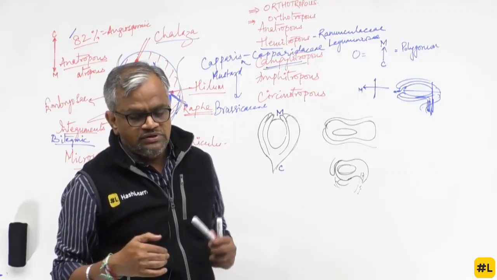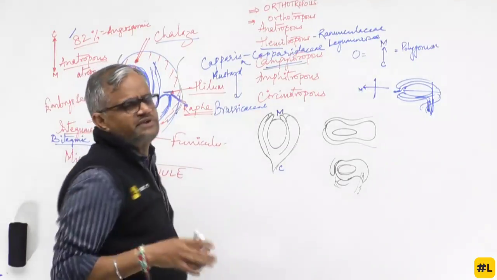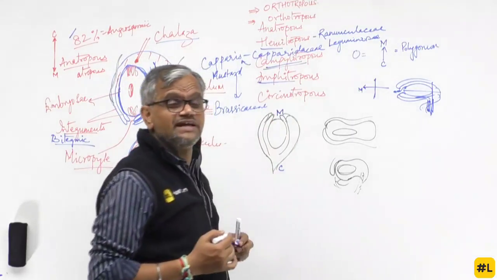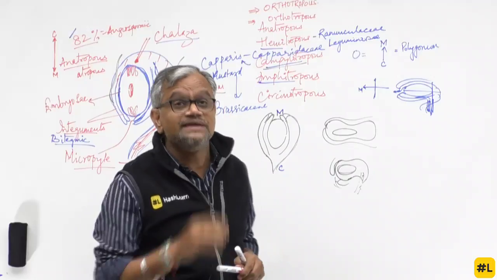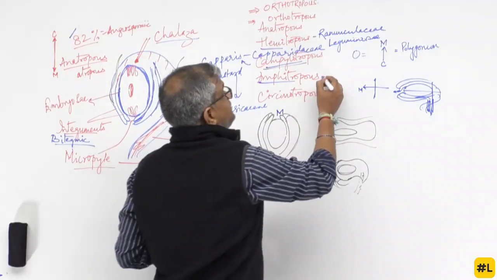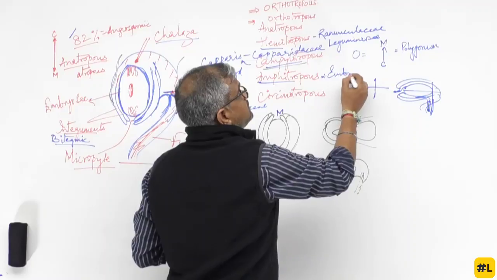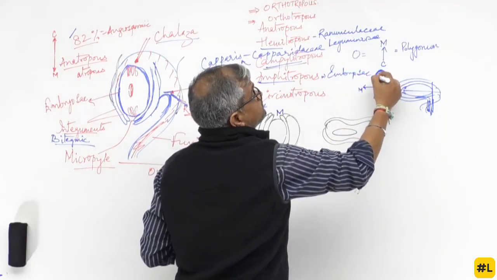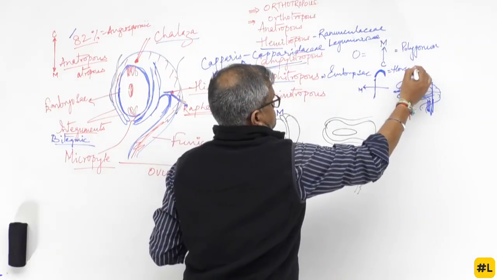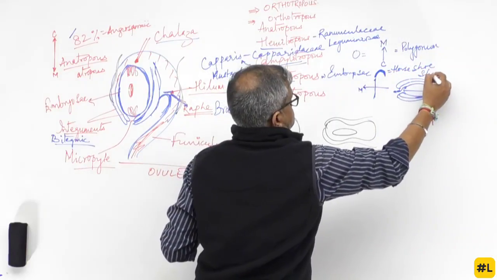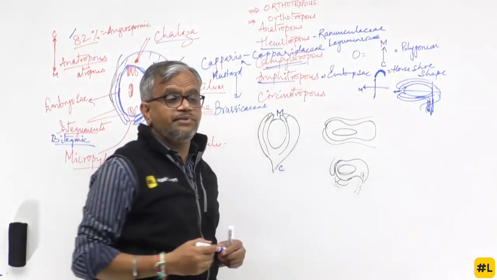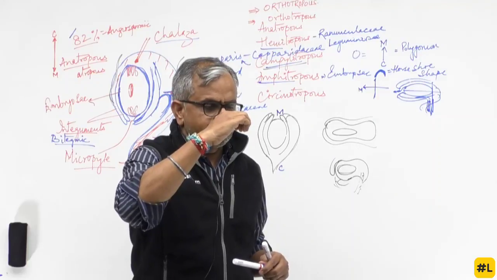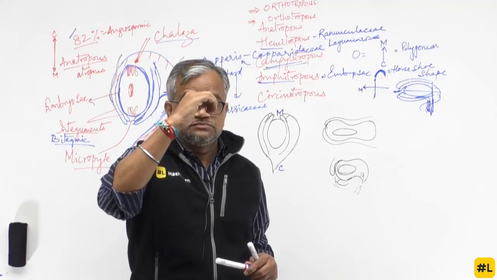Coming to next, that is Amphitropous. Usually people get confused between amphi and Campylo. In this, amphi and hemi look the same. No. In amphi, the entire business is of the embryo sac. The embryo sac becomes horseshoe shape. This is something very important.